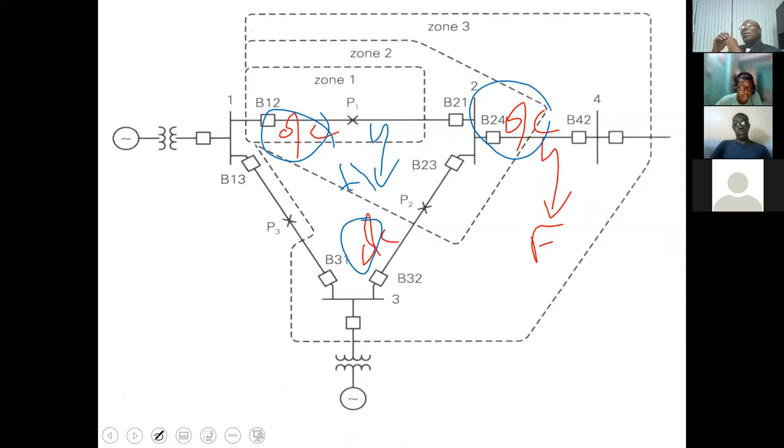Because remember, at the core of our objective for your protection system is that we want to clear the fault with minimum disruption to customers, right? If that wasn't at the core, then it really doesn't matter. We just put in the relays, and if we need to shut down half the system every time we have a fault, then so be it.